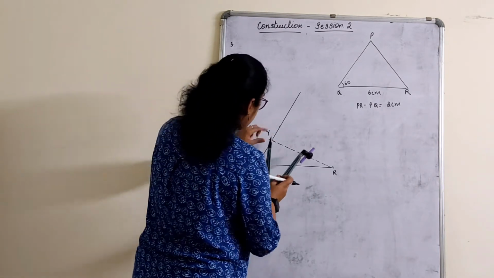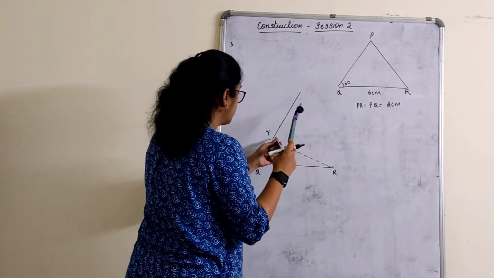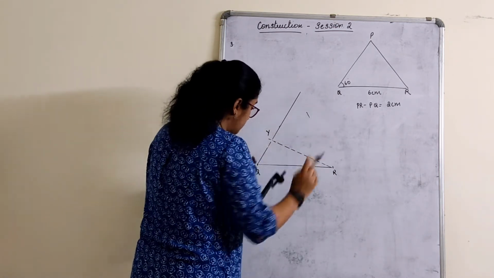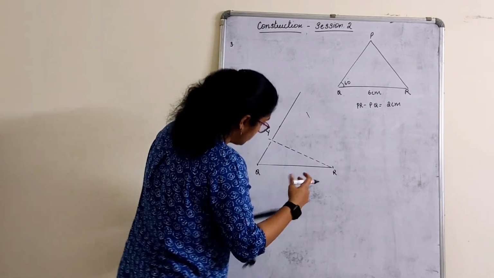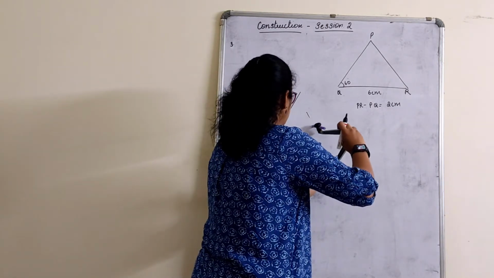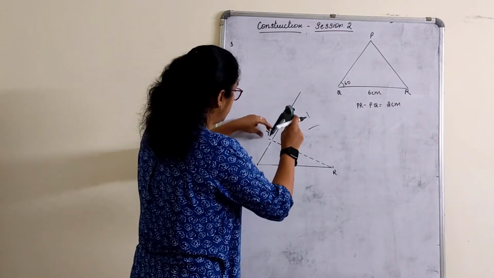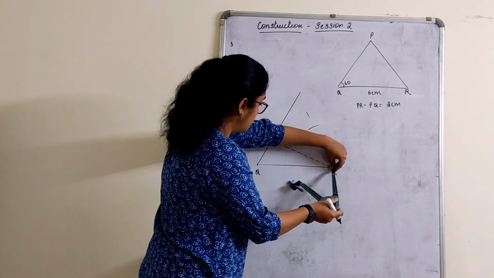Let me do it once again. Slightly, if you go wrong with the bisector part also, children, what will happen is the triangle you have to construct now will go wrong.